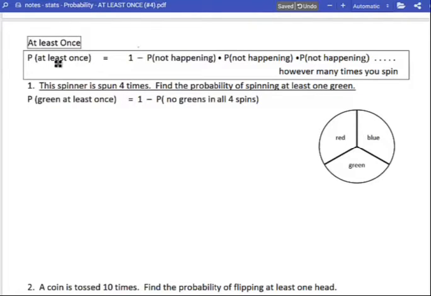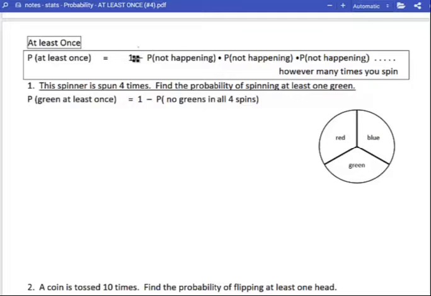It says the probability of at least once is, so the probability of something happening at least once. Like for instance, on that last example we did, the probability of getting hit by a hurricane if you live in South Florida. So the probability of getting hit by a hurricane at least once in 10 years, here's the formula.